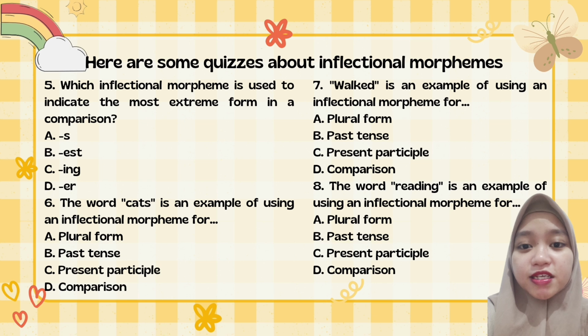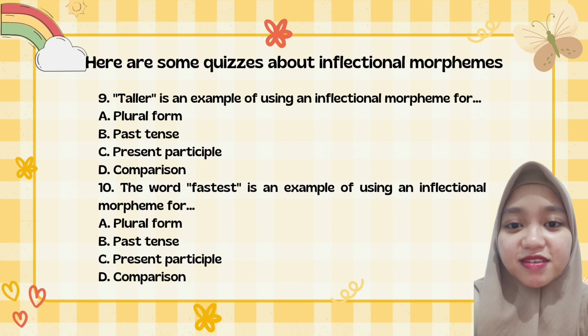Walked is an example of using an inflectional morpheme for A. Plural form, B. Past tense, C. Present participle, D. Comparison. Number 8. The word reading is an example of using an inflectional morpheme for A. Plural form, B. Past tense, C. Present participle, D. Comparison. Number 9.